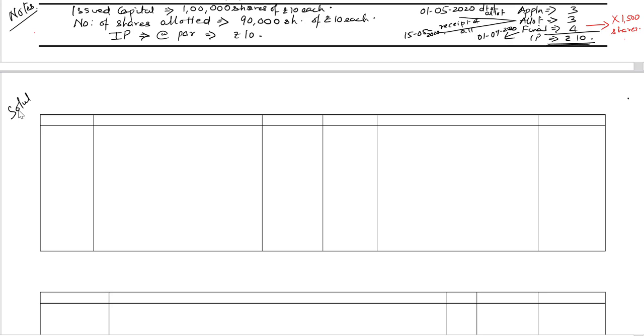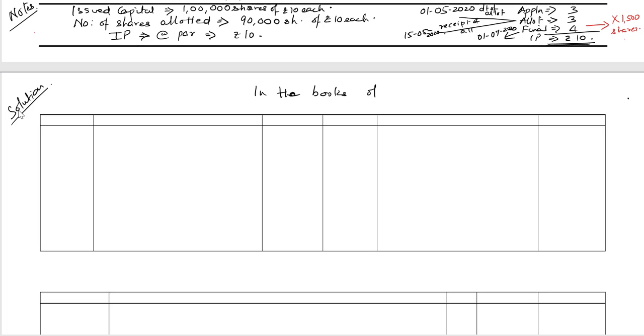Solution. In the books of Greenex Limited. Cash book. Since we are going to record only the bank transactions, I will write here bank column only. The left side, debit side, right side, credit side.